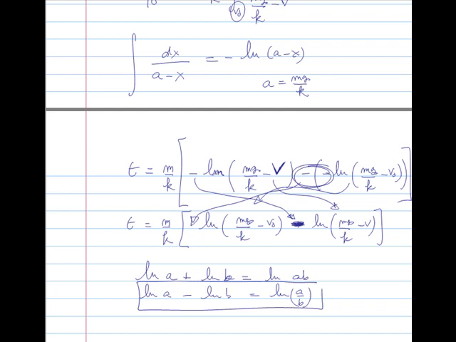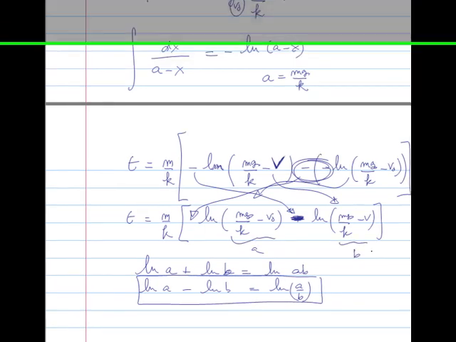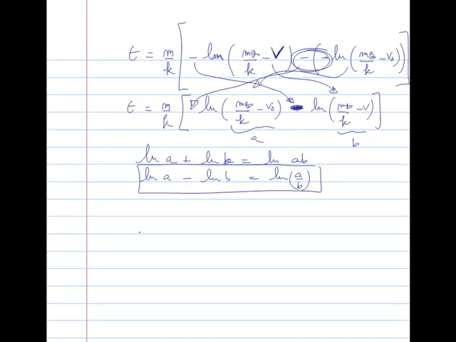So I'm going to use this identity, where this is my a and this is my b. So the above equation becomes t is equal to m over k ln of mg over k minus v naught divided by mg over k minus v.